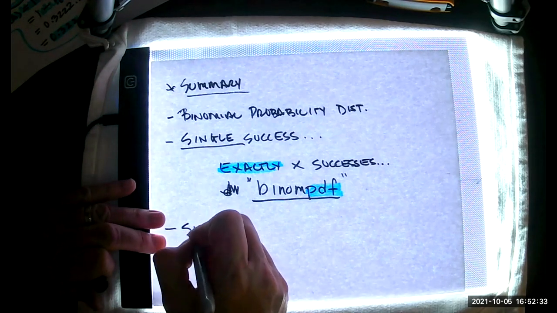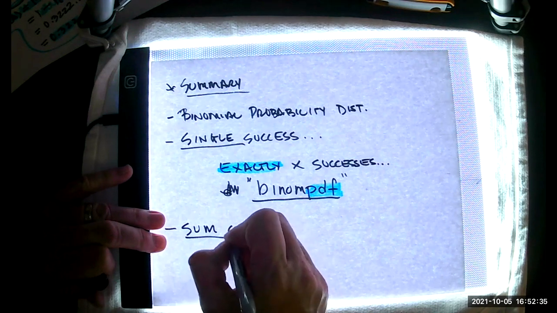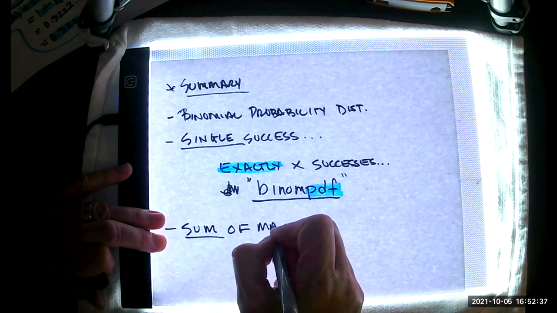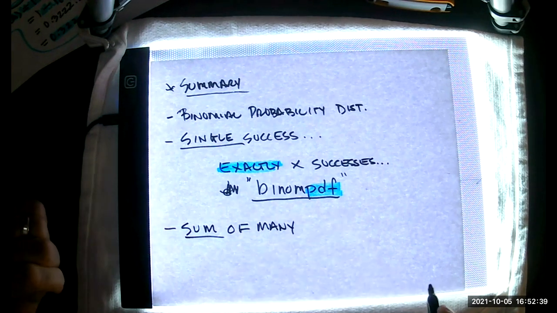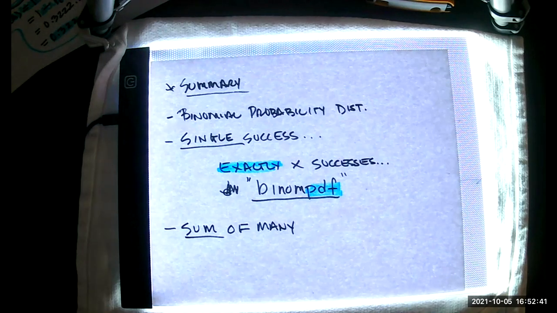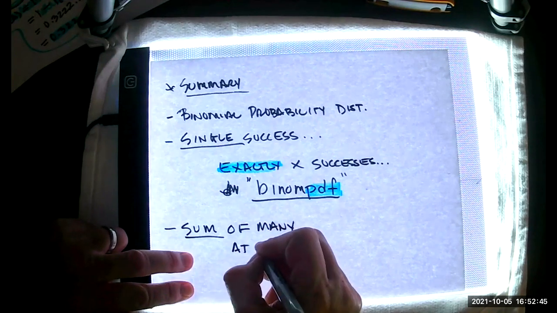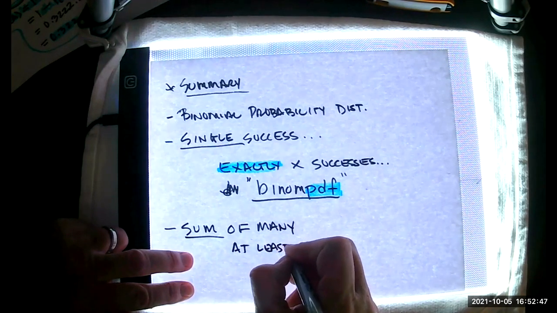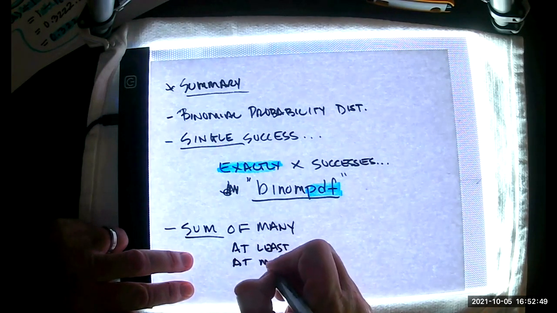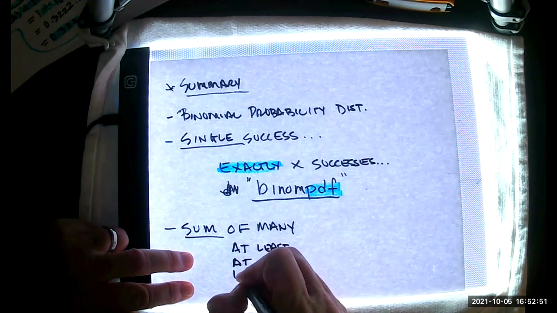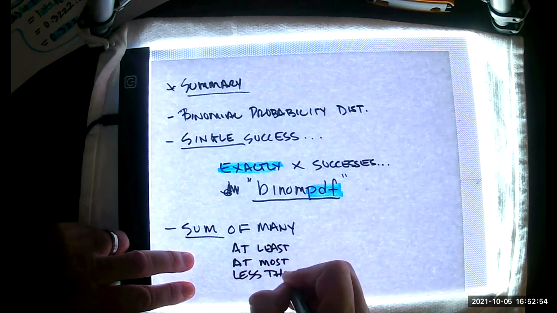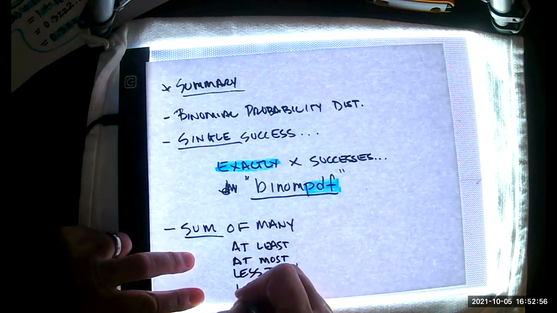Then we have the sum of many successes. The language there was a little bit different. I will actually list it. At least, at most, less than, more than.